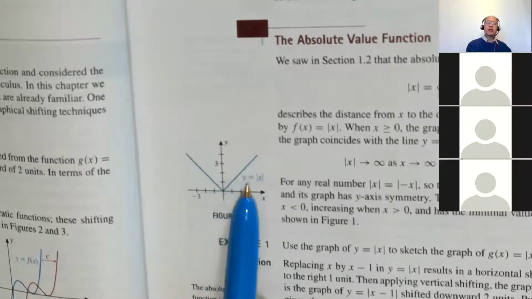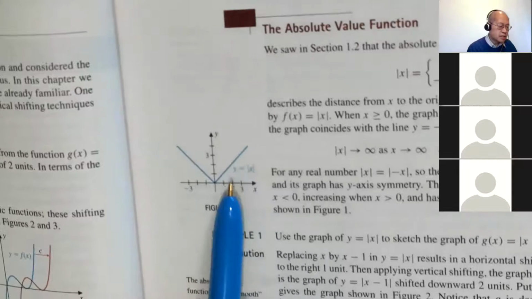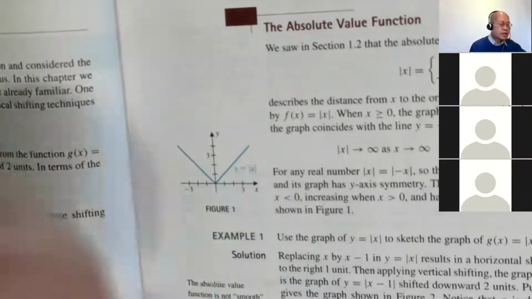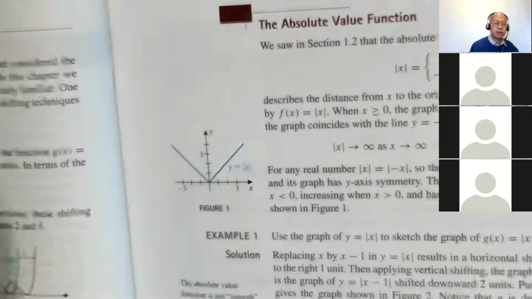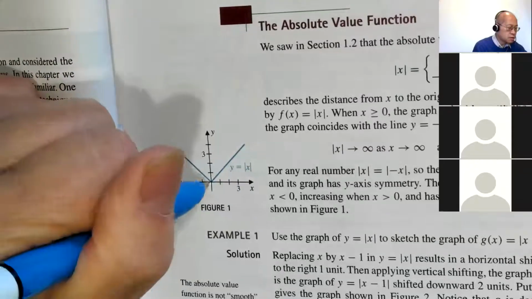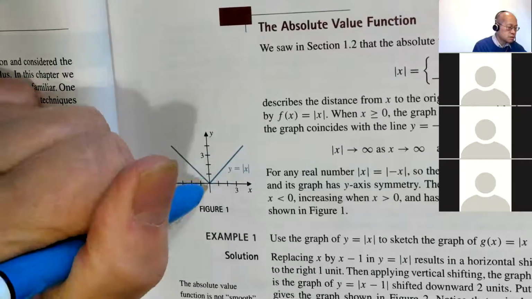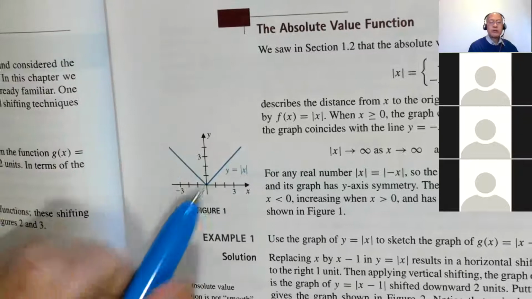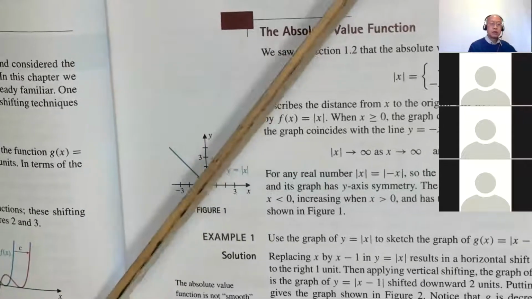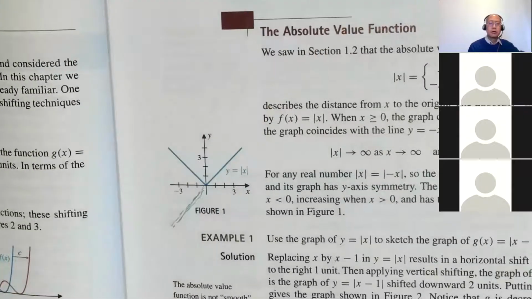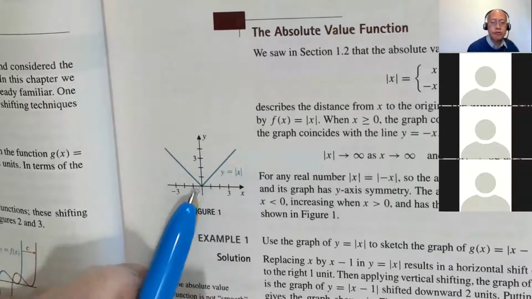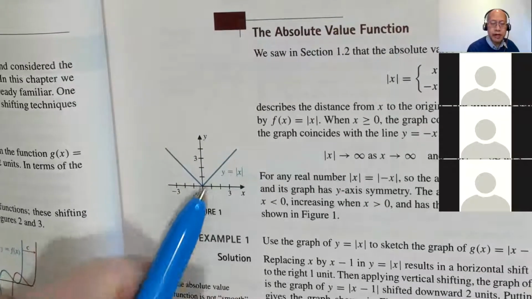Well, we could start off with our basic just y equals x. Now, if I take just y equals x, I'm going to write in the book a little. Y equals x looks like this, right? Straight line, slope of 1, goes up at a 45-degree angle.